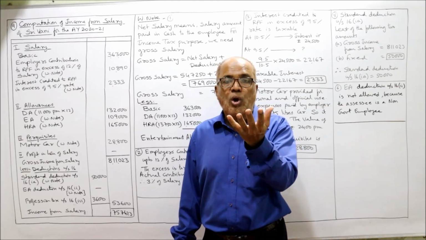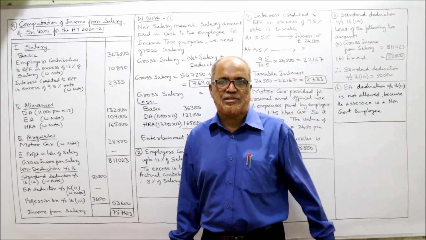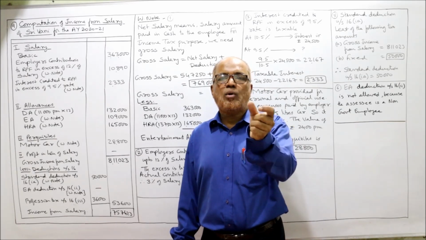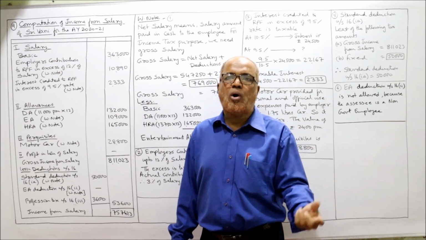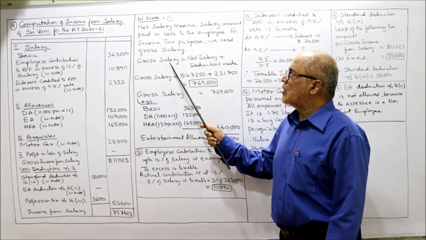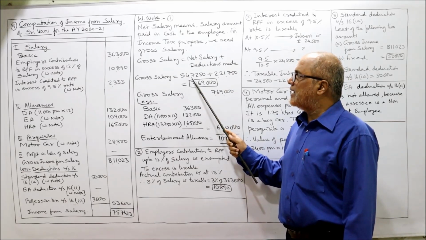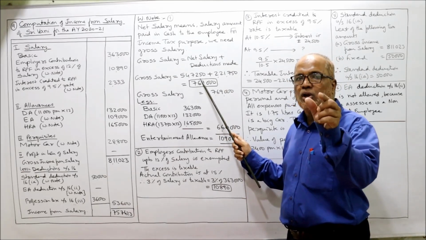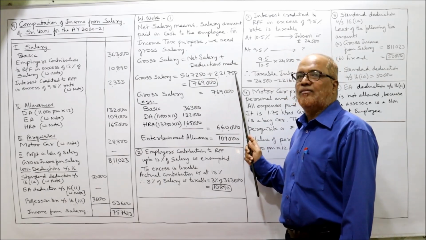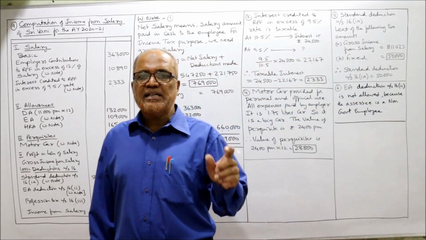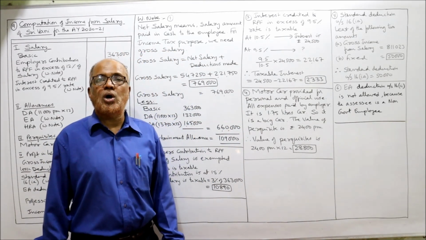We want the gross salary before making the deductions. The gross salary is equal to net salary plus all deductions. Net salary is given 5,47,250 and the total of all deductions 2,21,750. Add up both, we'll get 7,69,000. So 7,69,000 is the gross salary.